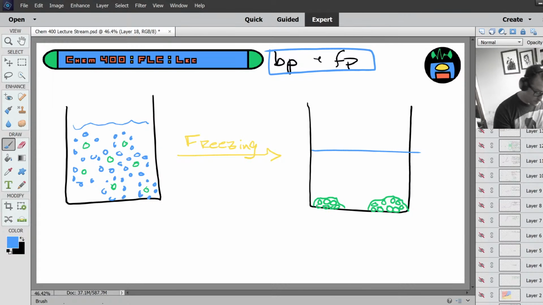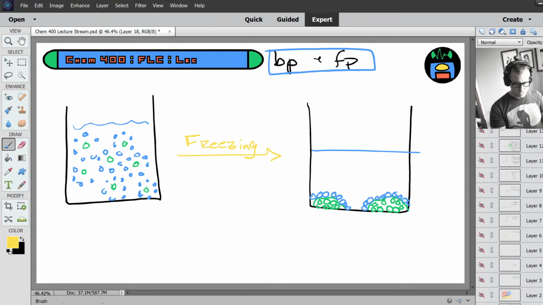And the thing is, when you freeze them, you don't lose all of your solvent-solute interactions, because there's this border region between the clumps of solid solute and the clumps of solid solvent. There's this border region where you still get some interactions, all right?